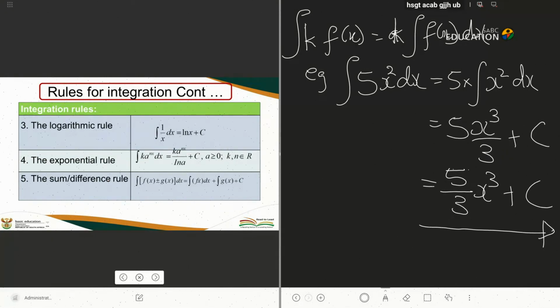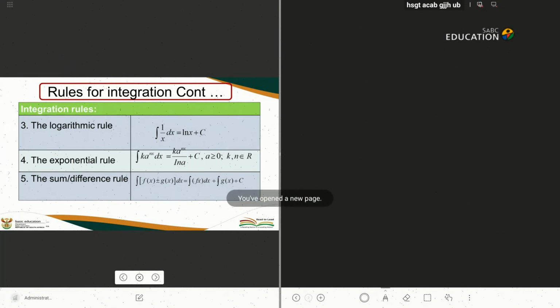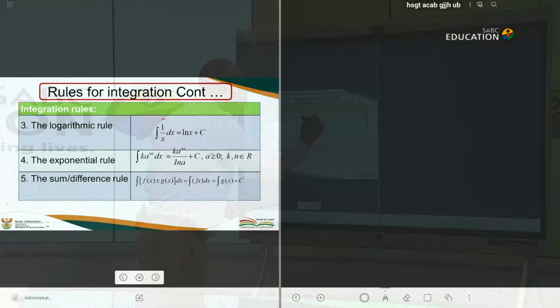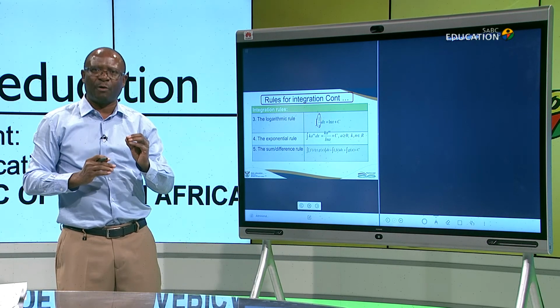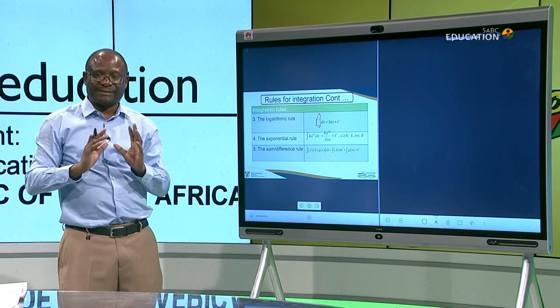Then another rule which is very important is what we call the logarithmic rule. It applies where your integrand is written in the form of 1 over x and nothing else.